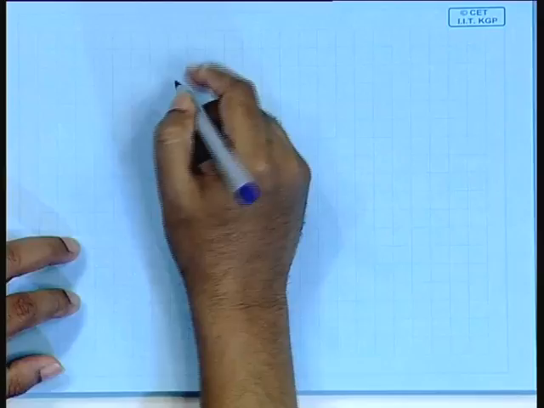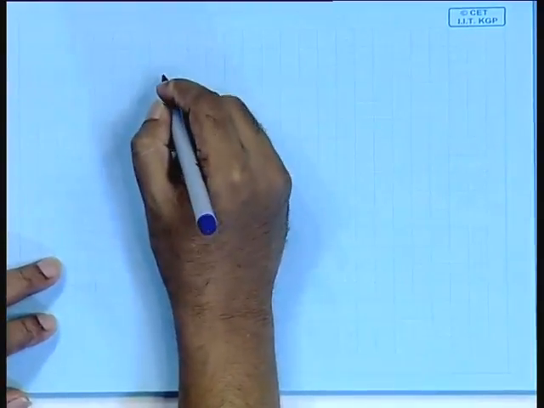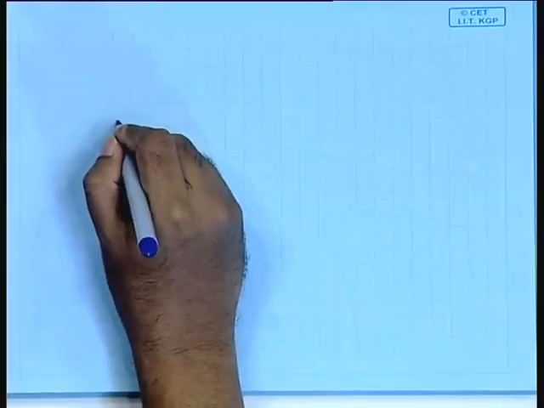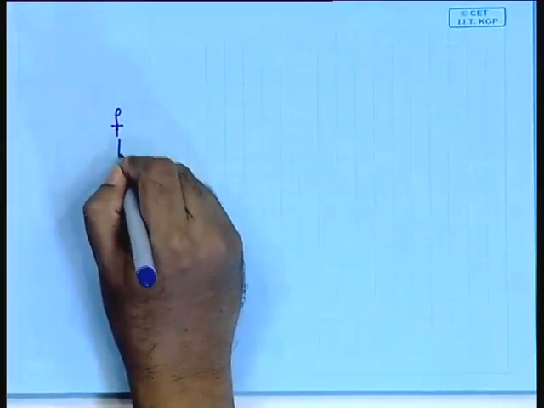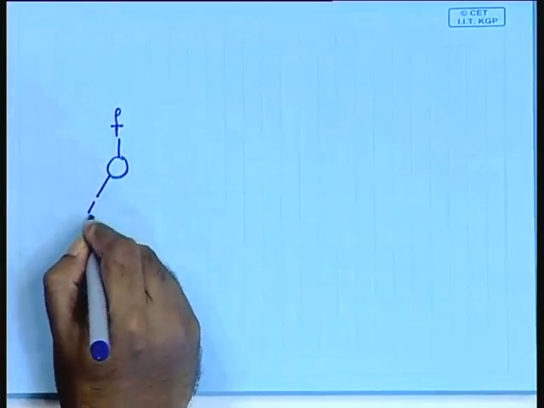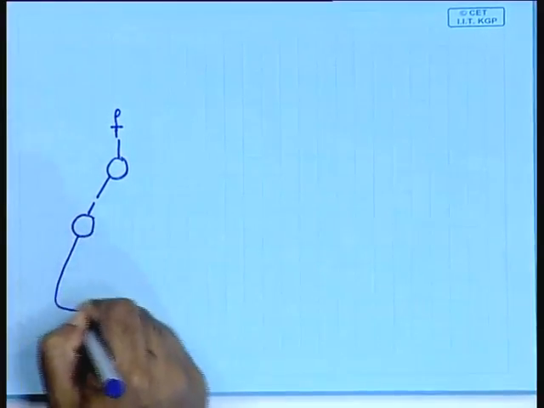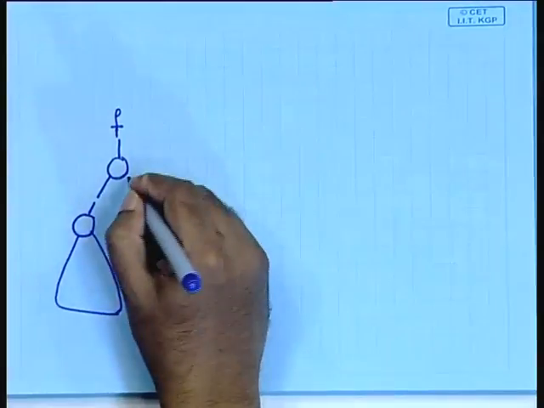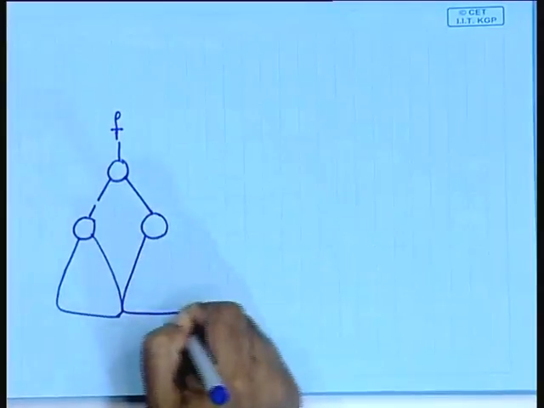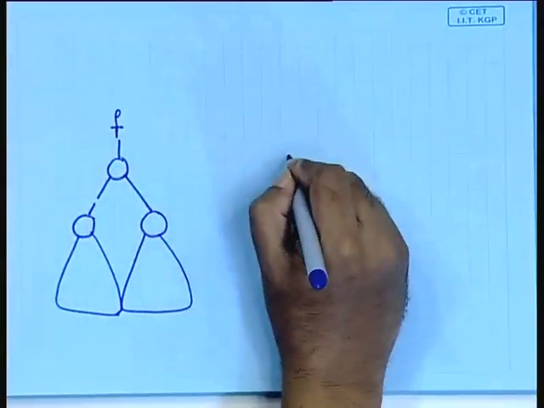Suppose I have a BDD for f, and this is the one edge, and I have g.